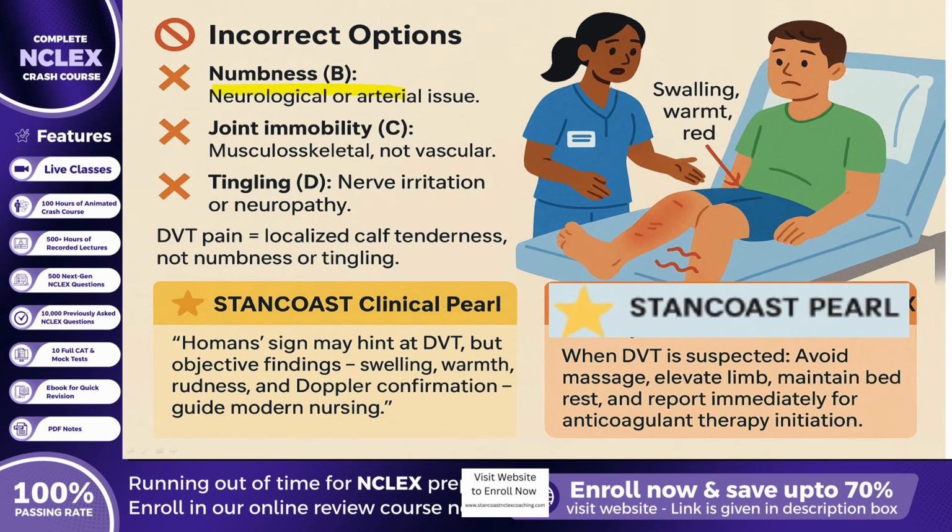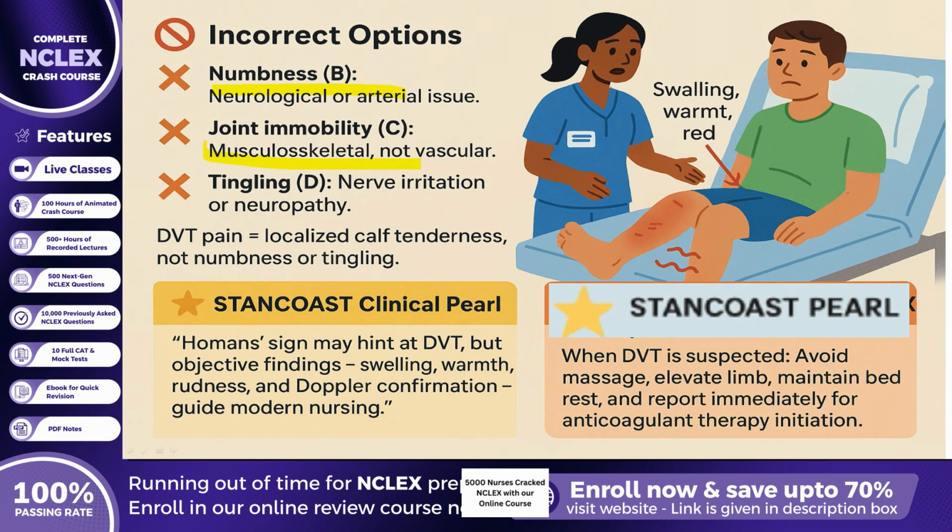Option C, inability to flex or extend the knee joint, indicates a musculoskeletal or joint-related problem like arthritis or contracture, rather than venous inflammation. DVT restricts comfort due to tenderness, not mechanical joint movement. Lastly, Option D, tingling sensation throughout the affected leg, points toward nerve irritation or diabetic neuropathy. The pain of DVT is localized to the calf, not diffuse or tingling in nature.